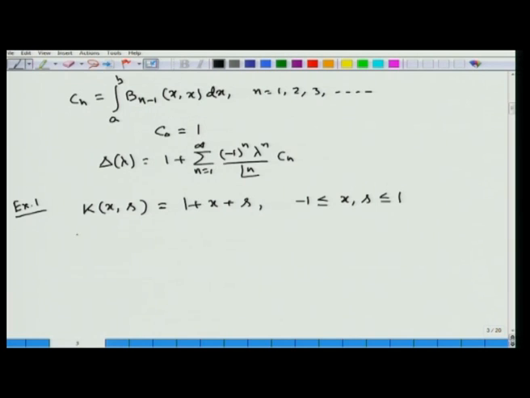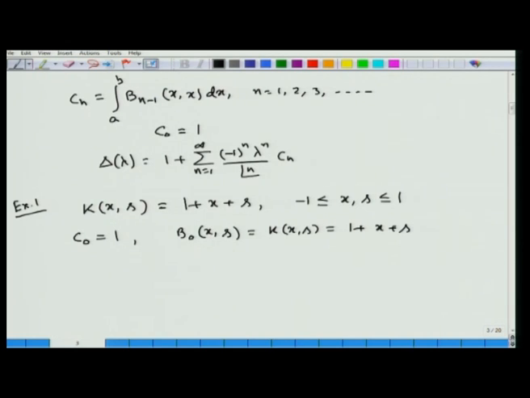You can recall as per definition C0 = 1, and B0(x, s) = k(x, s), so this is equal to 1 + x + s. Next, with this B0 we can calculate C1.